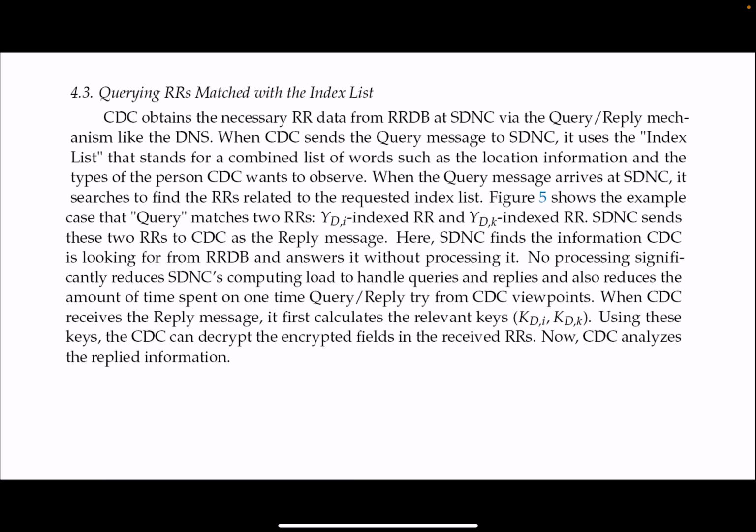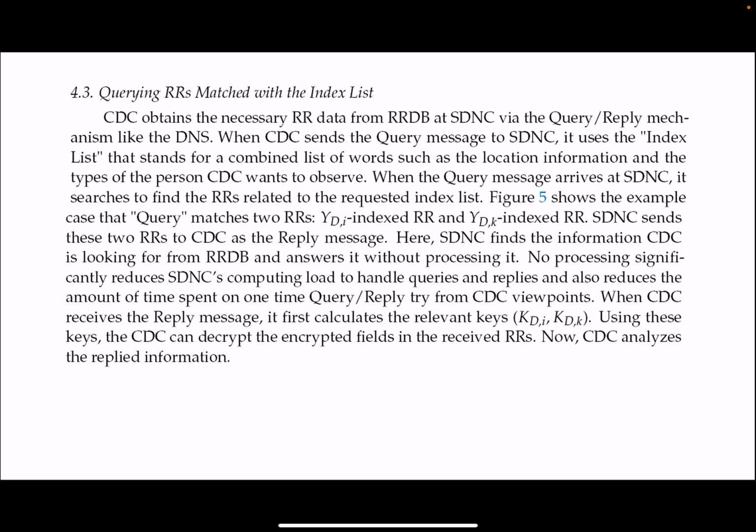4.3 subsection, querying RR matched with index list. CDC obtains the necessary data from RRDB at SDNC via a query reply mechanism like DNS. When CDC sends the query message to SDNC, it uses the index list, a combined list of words such as location information and the type of person CDC wants to observe.